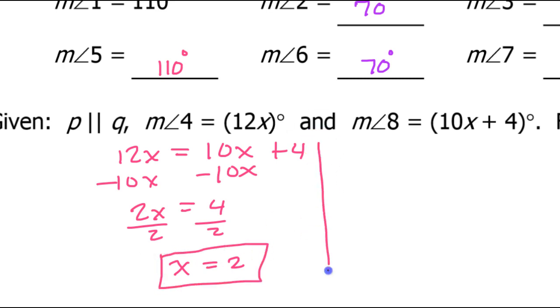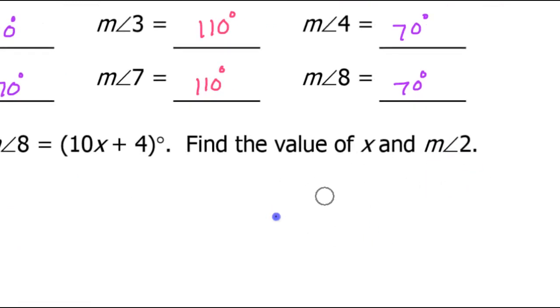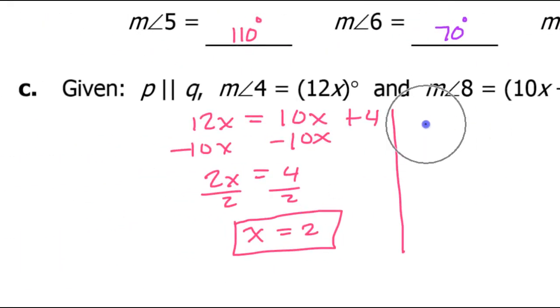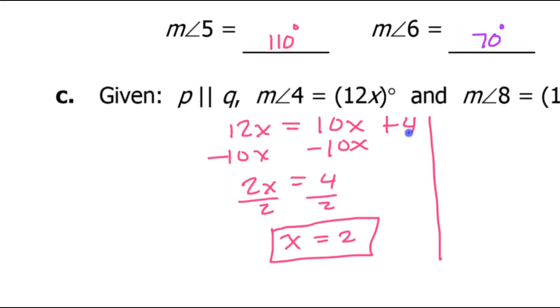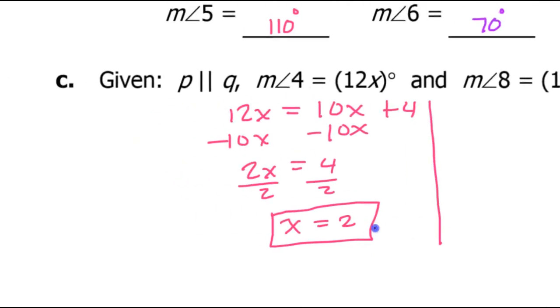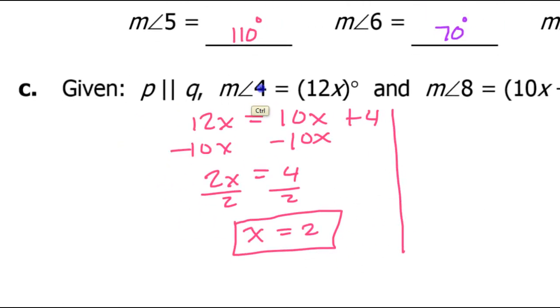Okay, so that's half of what I'm supposed to find. I found the value of x, but I also need to find the measure of angle 2. So x is 2. Let's go ahead and use x to find the measure of angle 4, for example.